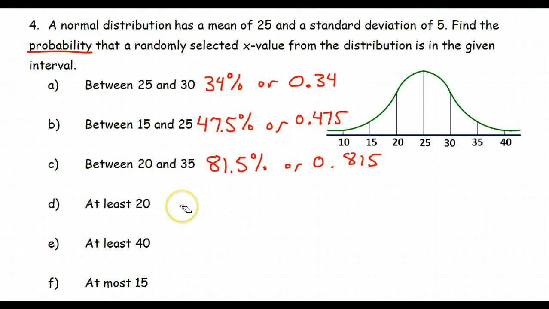Is it possible that I have exactly $15? No, it's not possible. I have at least 20. Is it possible that I have $25 in my pocket? Yes, because at least 20 means 20 or more.